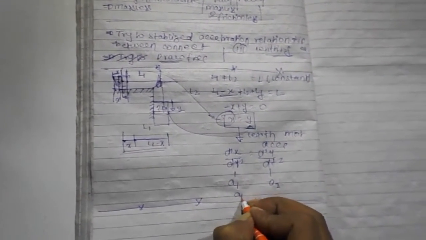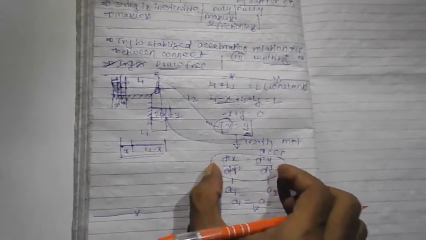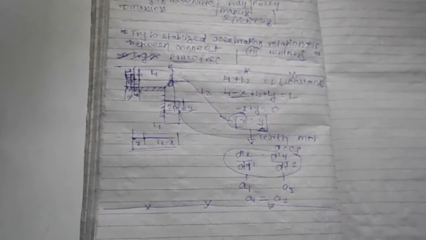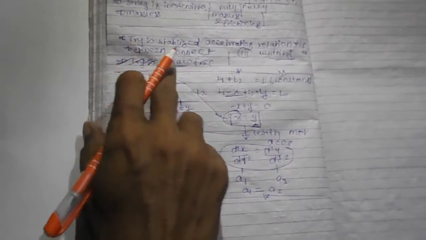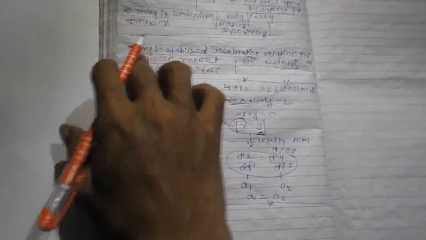You see, the acceleration of the 1 kg block is equal to the acceleration of the 2 kg block. You should feel comfortable with this expression, it is a very simple expression. I said this is my first step, finding a relationship. So a1 is equal to a2.